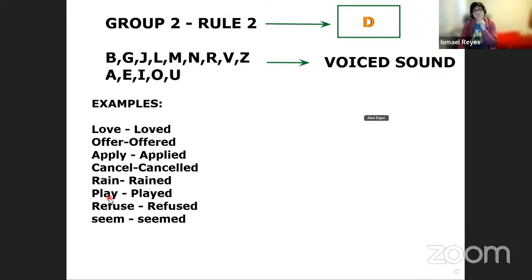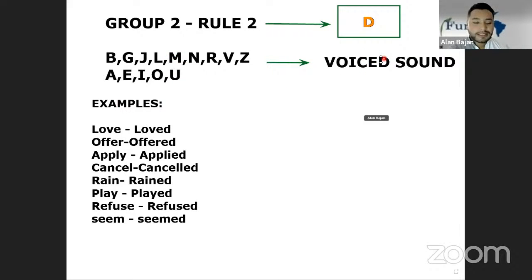I, I, I. A. A, B, C, D, E, F, G. So it's play, the sound of the A. Seemed. Z. Seem. M.